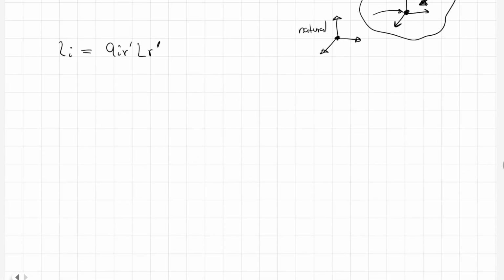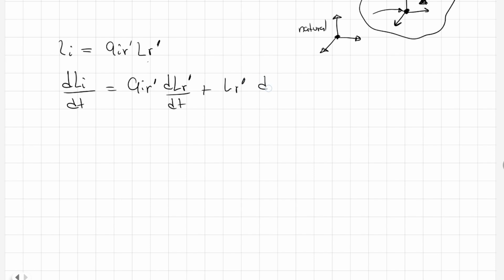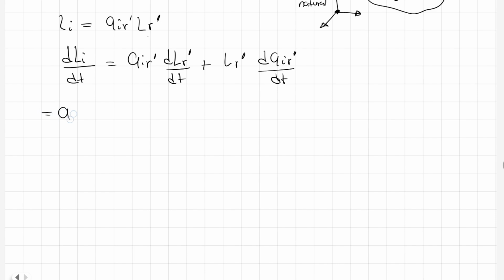Okay, so what happens if we take the derivative with respect to time to get the torque with this equation? Well, we get that dL_i/dt is equal to the derivative with respect to time of these two quantities, that is going to be a_ir times the derivative of L_r with respect to time, plus L_r prime times the derivative of a_ir prime with respect to time, and this is equal to a_ir prime times the derivative of L_r with respect to time, plus L_r prime times a_ir prime dot.